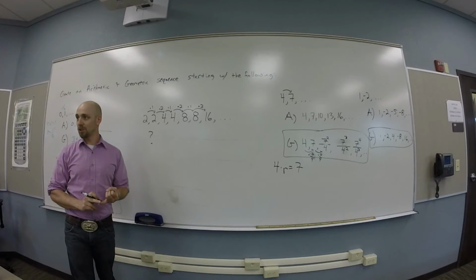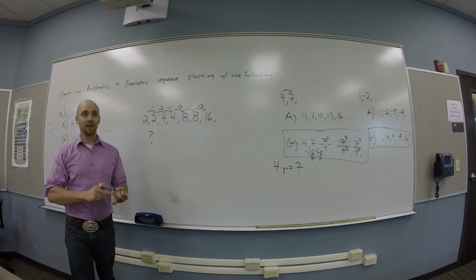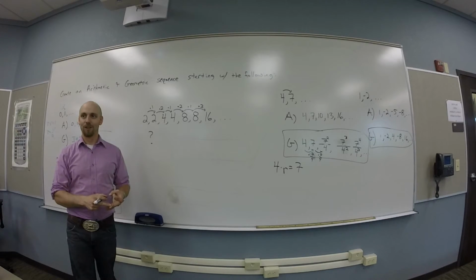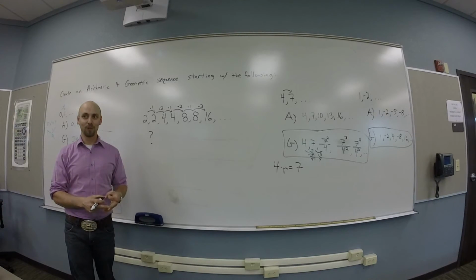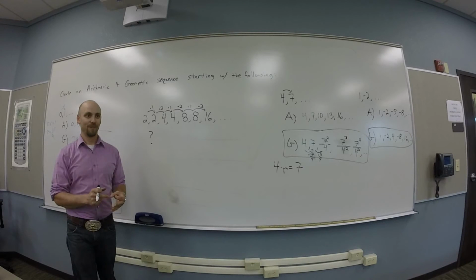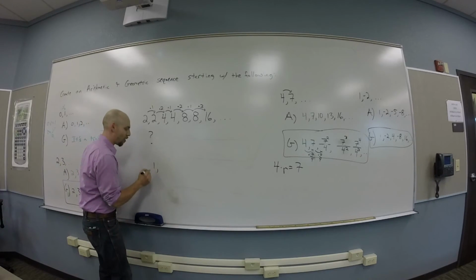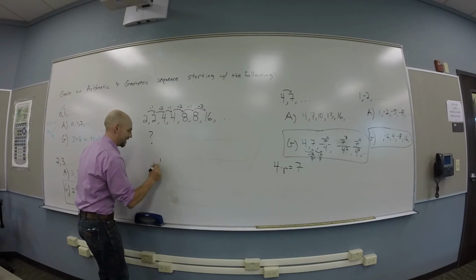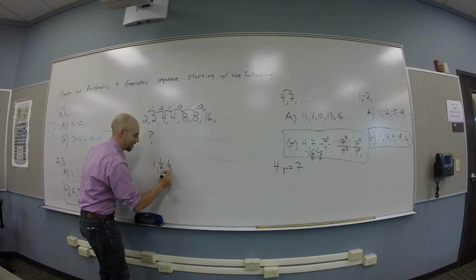There's arithmetic, which is adding consistently. There's geometric, which is multiplying consistently. And there's the harmonic sequence, which is 1 and a bunch of very predictable fractions: 1, 1/2, 1/3, 1/4.